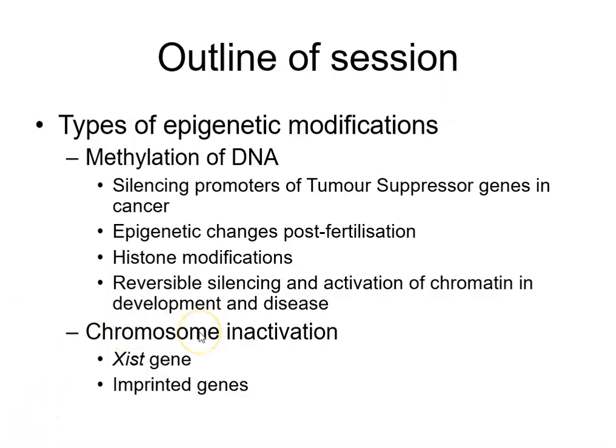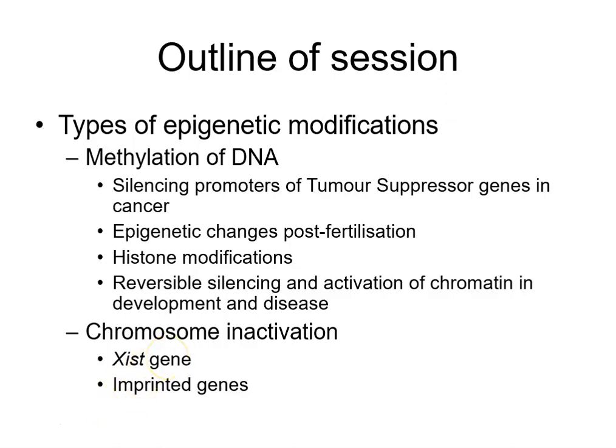Finally, we'll look at some epigenetic phenomena, such as the role of the XIST gene in X chromosome inactivation. We will likely look at imprinted genes, in particular the Prader-Willi-Angelman syndrome region, which is all down to either maternal or paternal methylation patterns in gametes.